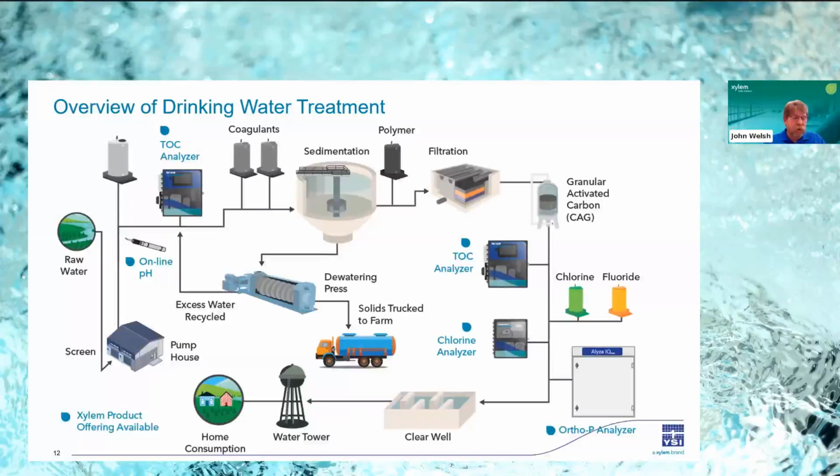As we saw in subpart H requirements for TOC removal, the influent to the plant and the final effluent must be monitored for compliance to TOC removal targets. I've also taken the liberty here to show some additional information that's available, or products that are available to provide other important parameters such as pH, possibly phosphorus as well, and chlorine for monitoring chlorine if you're using chlorine as the disinfectant.